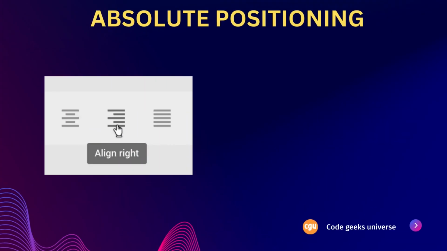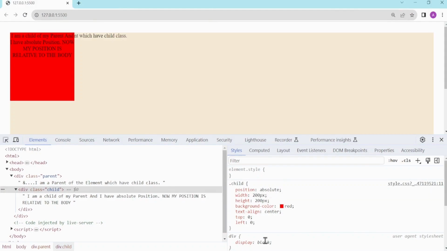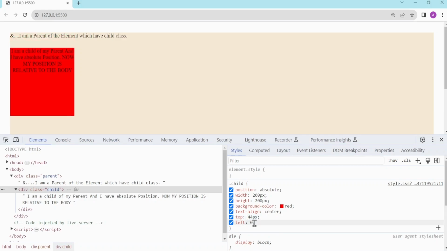Position absolute is widely used for various design elements like tooltips, pop-up windows or overlays where precise placement is essential. By specifying values for properties like top, right, bottom and left, we can control the exact coordinates of the element on the web page.